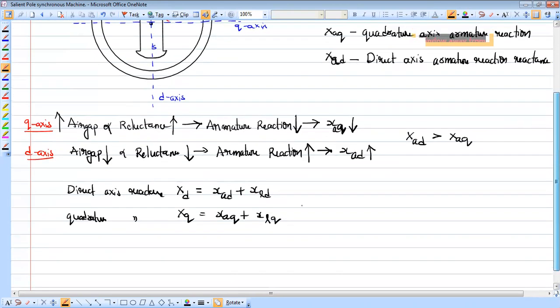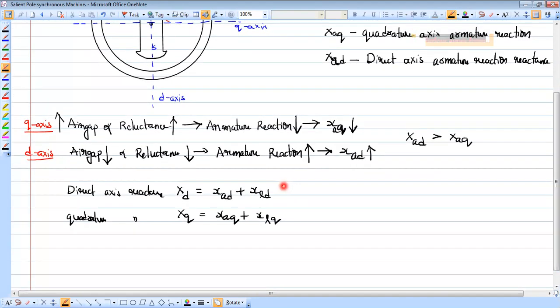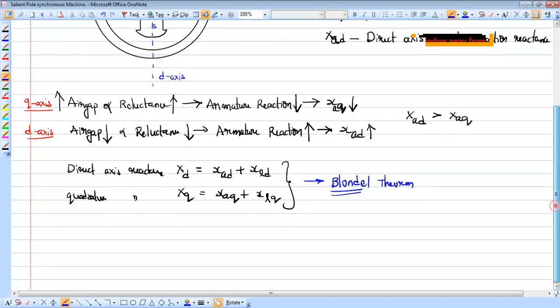These things were analyzed by a scientist named Blondel. His name is Blondel. So that's why we call this the Blondel theory.